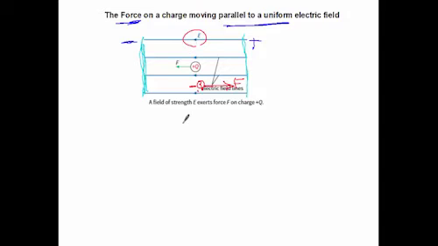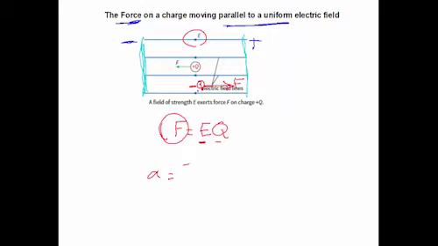And of course, we know at any point F equal to EQ. So if we have the same charge and this is uniform, so F is constant at any point. As far as we have here an electric force, then this charge should have an acceleration.